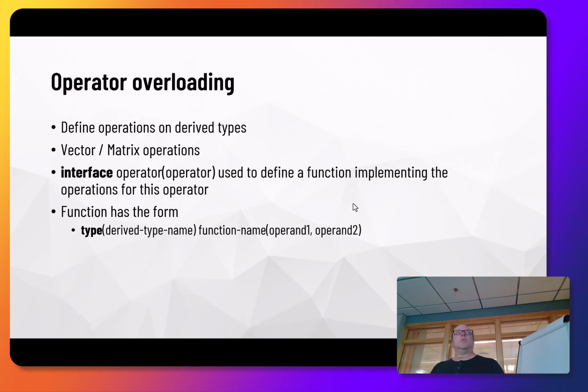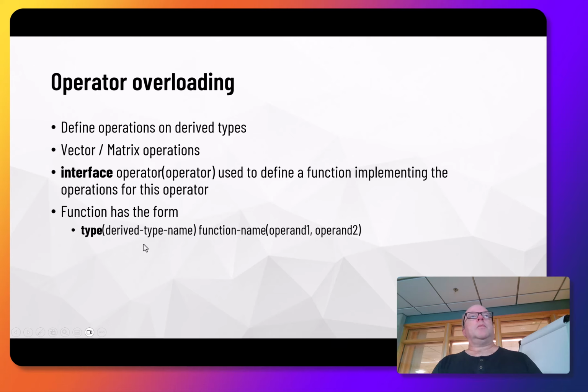Yeah, and you can use this for operations on derived data types. So if you want to implement vector or matrix operations, you can do this using operator overloading. You can also overload operators, just like you can do in C++, for example. And then you define which functions to handle this operation.